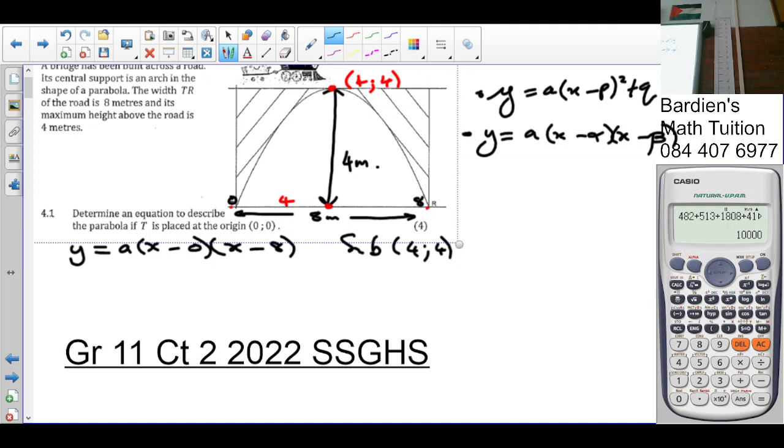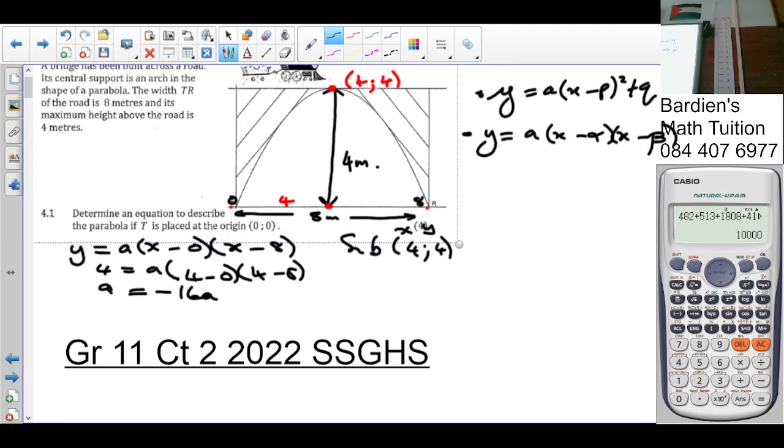Okay. Remembering that's the x and the y. So 4 is equal to a into 4 minus 0, 4 minus 8. 4 minus 0 is 0. No, it's 4, sorry. So it's 4 times negative 4, which is negative 16a.